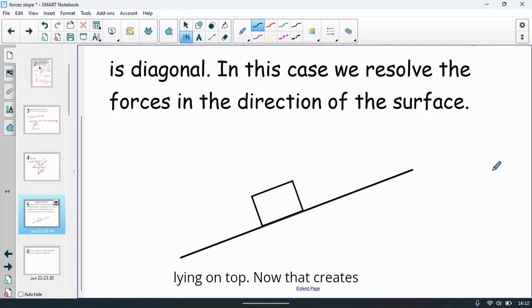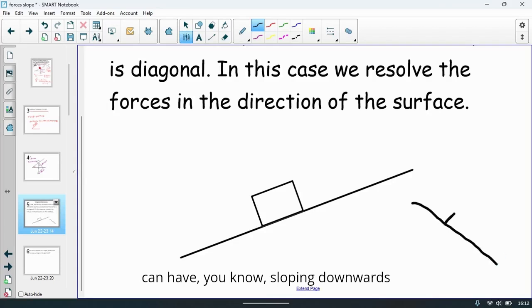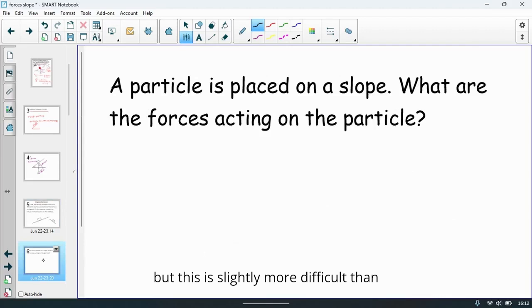Now that creates slight complexity because your forces will then have to be diagonal. So you can have situations like this, or you can have a slope going downwards with an object like that. So multiple scenarios, but this is slightly more difficult than a flat surface.